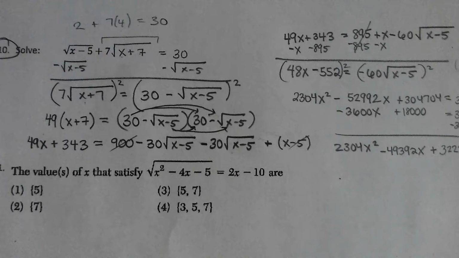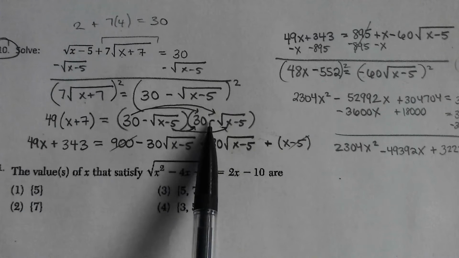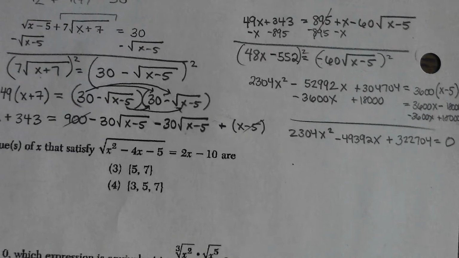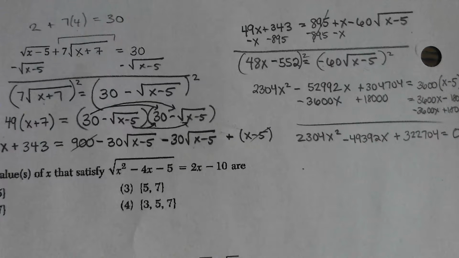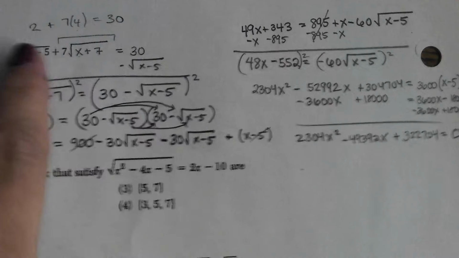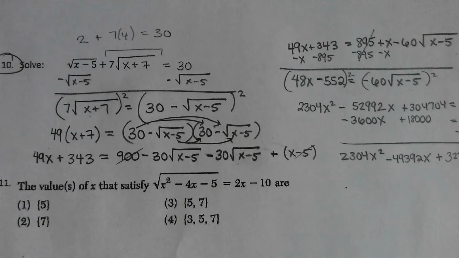I'll go back and see if I can find it, but the process is there: isolating the radical, squaring both sides, only to have to re-isolate the radical and square both sides. It's just these numbers are obnoxious. I apologize for those. Let me give you what you're looking for, though, with the how-to part of it. Those are definitely the radical ones, or the harder ones to begin with.